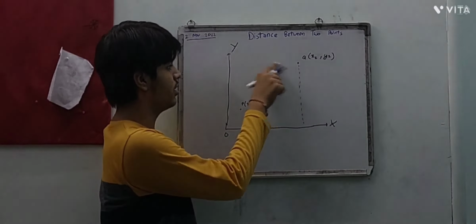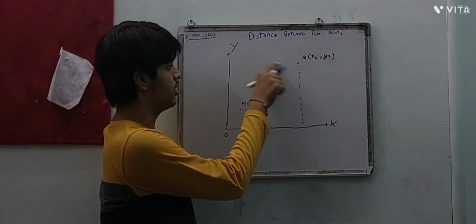So QA is equal to y2. In the same way we can calculate QB. The line segment QB is equal to line segment OA, because the opposite sides of a rectangle are equal. So BQ is equal to OA, and OA is the x value, so BQ is also equal to x2.